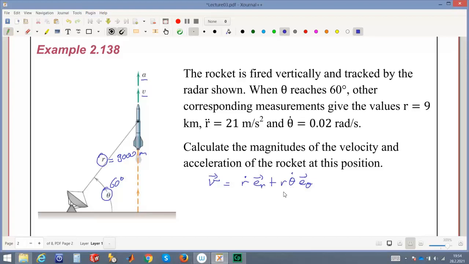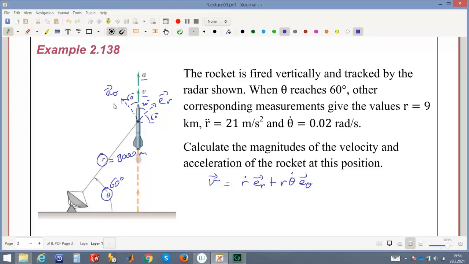That's good if we know this at least, because at the end of the day, I know theta is 60 degrees. So if theta is 60 degrees, this is the e_r direction, and this is the e_theta direction. If this is 60 degrees, then this is 60 degrees, and here it is 30 degrees, right? And this is not looking that nice, but this is also 60 degrees in that sense.